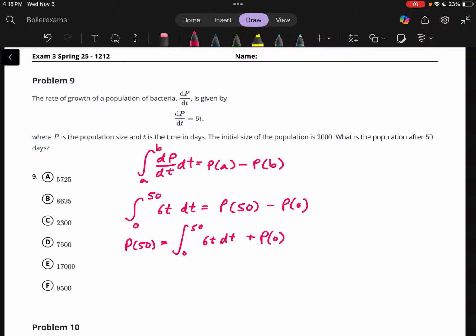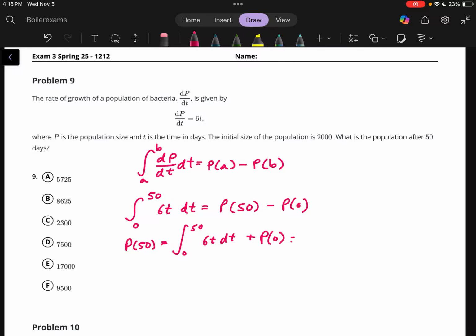The easy mistake you can make here is forgetting this initial condition. The initial condition isn't always 0, and once we solve, you'll see that one of the wrong answers is the answer you get when you forget the initial condition. So never forget the initial condition.